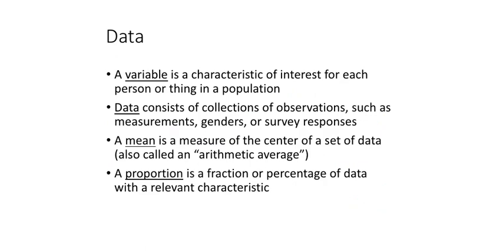Well, it's important to understand data, and that's one of the main focuses of this particular unit. In Chapter 1, we talk about data including variables, which is a characteristic of interest for a person or a thing in a population. If I take a survey of U.S. adult males, I might collect not only information about their height, but their weight, their shoe size, their hair color, their eye color, and any other number of characteristics I care to name.